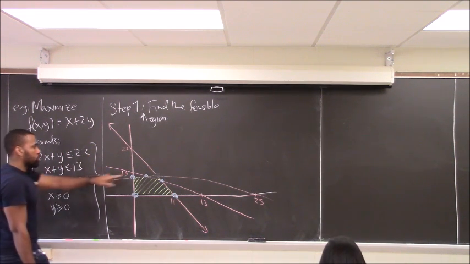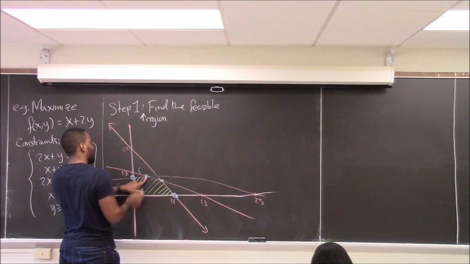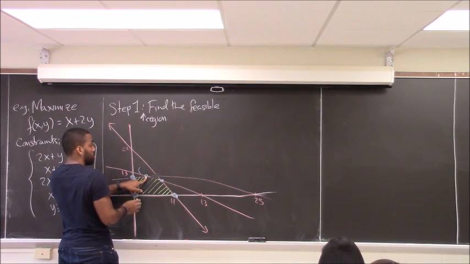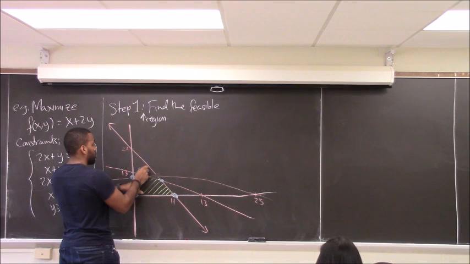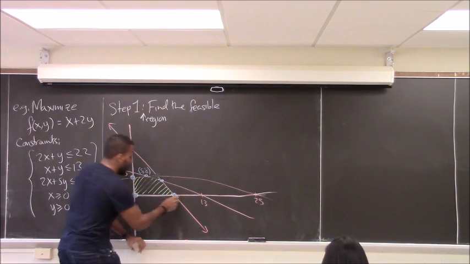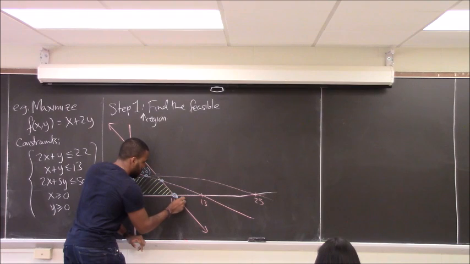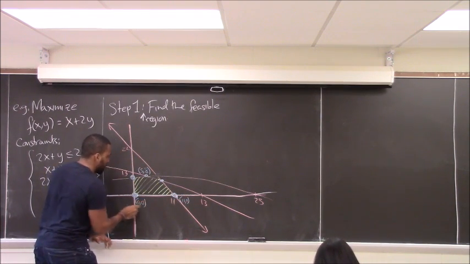I believe this one we already computed. What did we find that to be? 5, 8. Yeah, 5, comma 8. And this one we automatically know because that's an x-intercept, so this is 11, comma 0. This one is of course the origin, 0, comma 0.